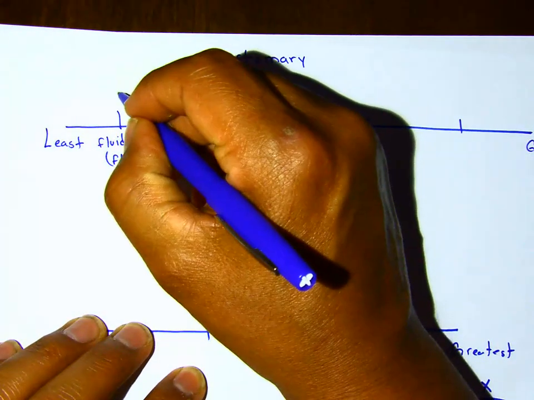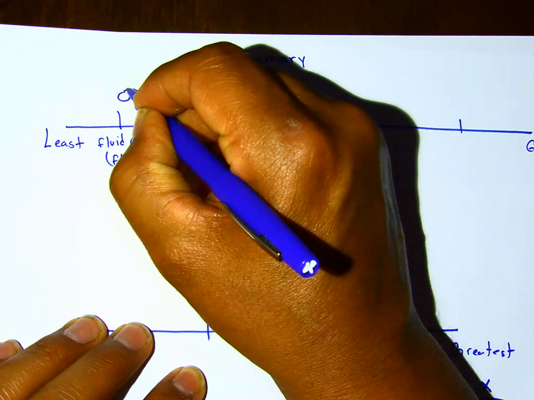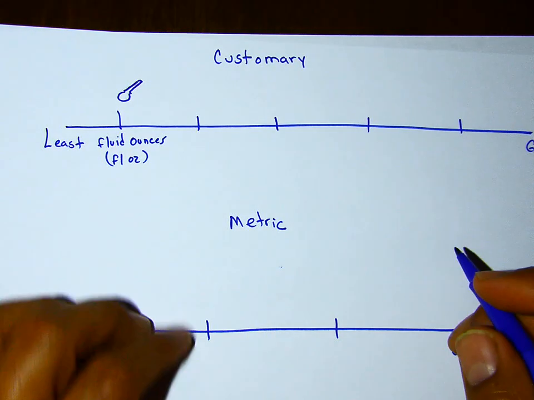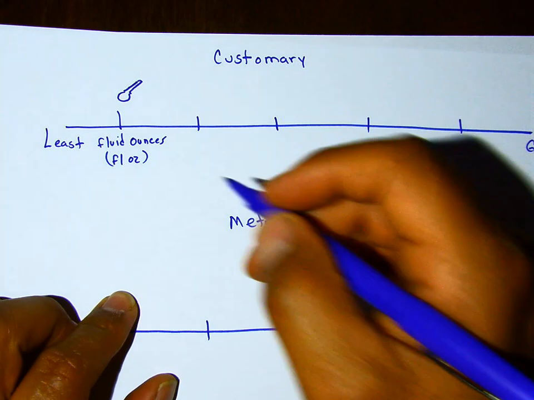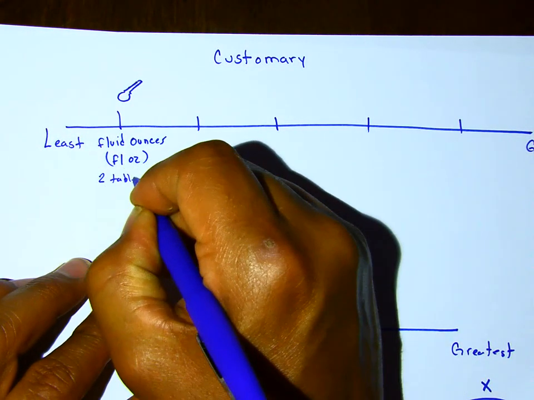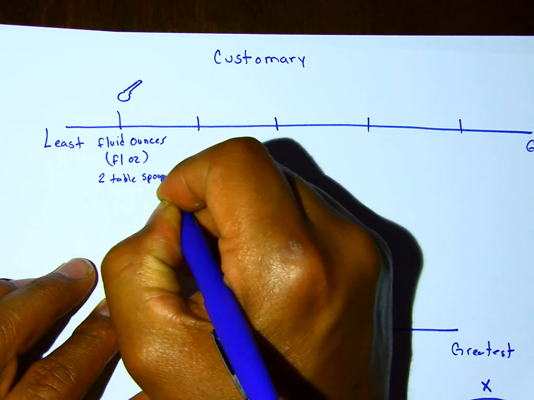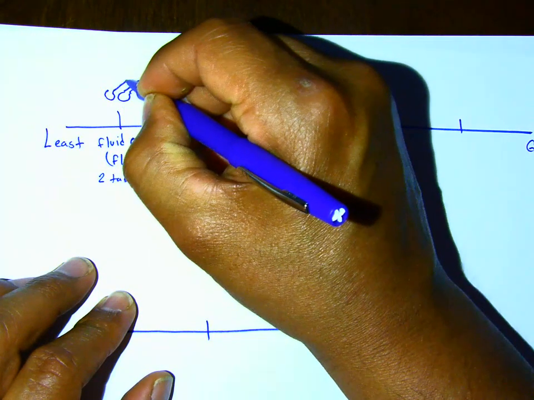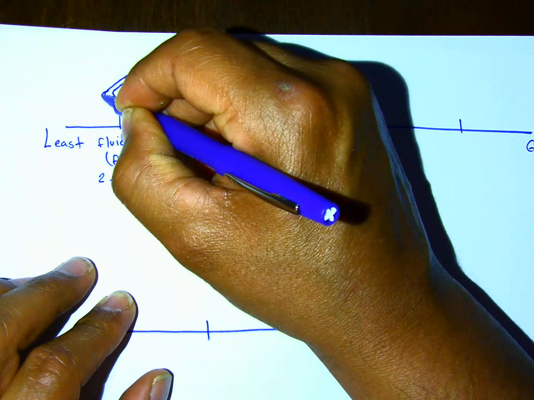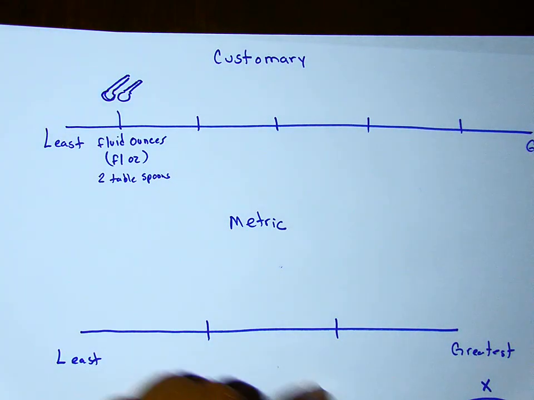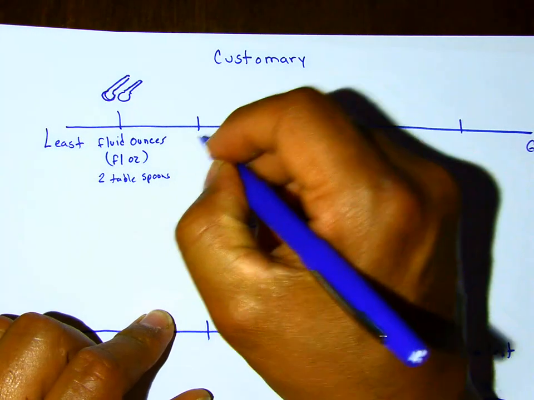So we can make a little spoon. 2 tablespoons would be about an ounce. Let's make 2 of them. So 2 tablespoons would be about an ounce. Then would be a cup.